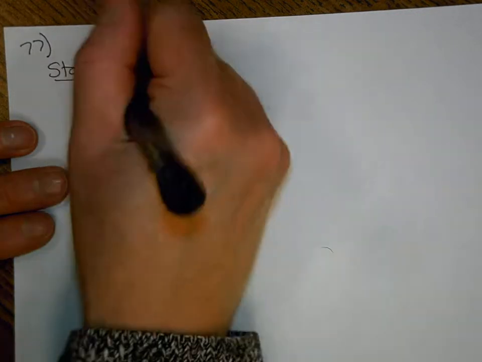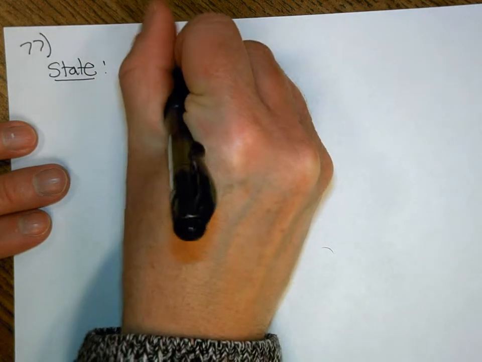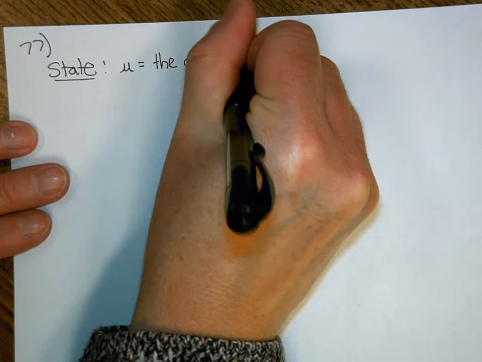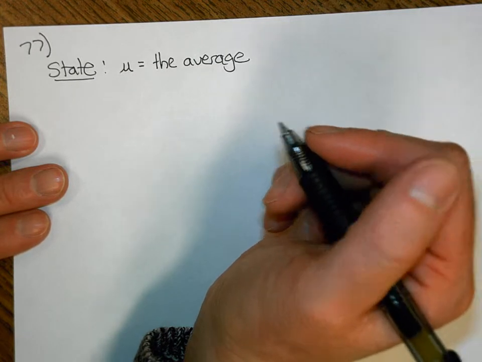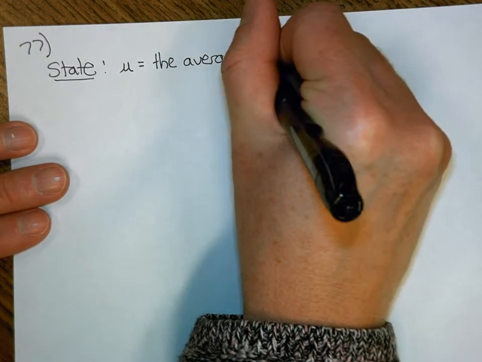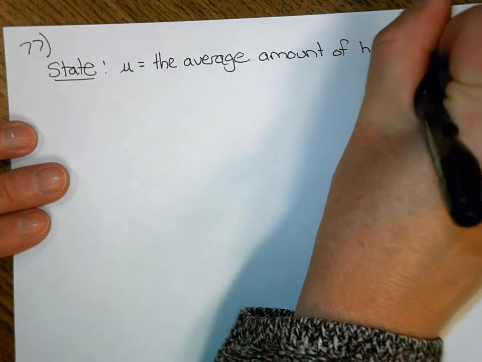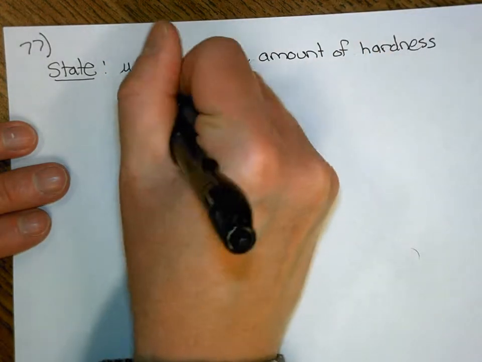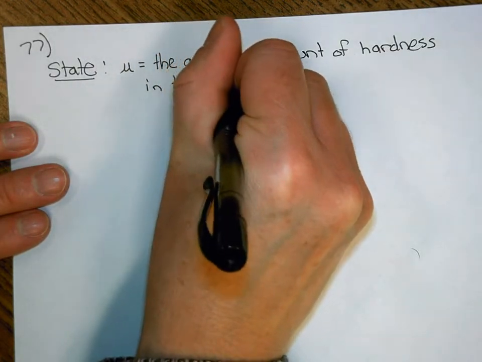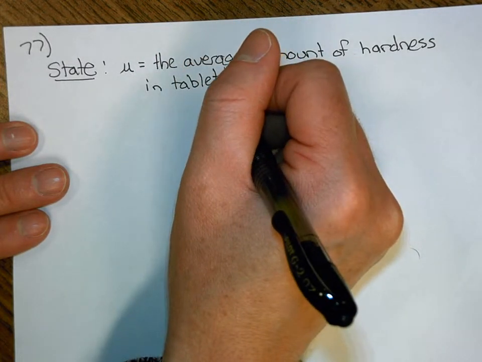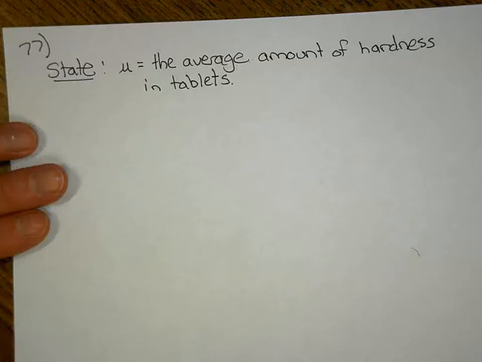So the mu is the average of something, the parameter: the average hardness in the tablets, the average amount of hardness in tablets. I think that's good enough. We don't want to write too much.